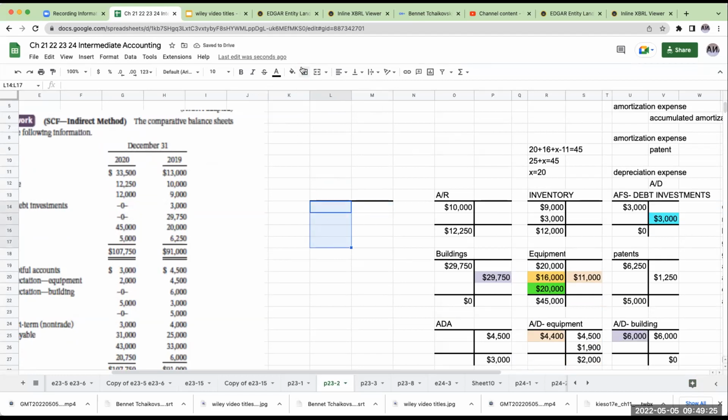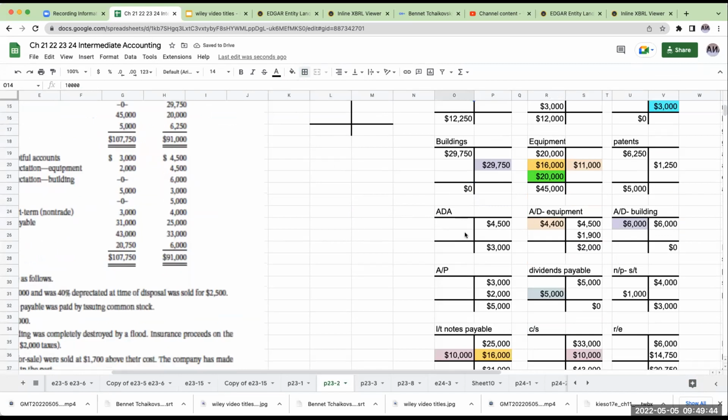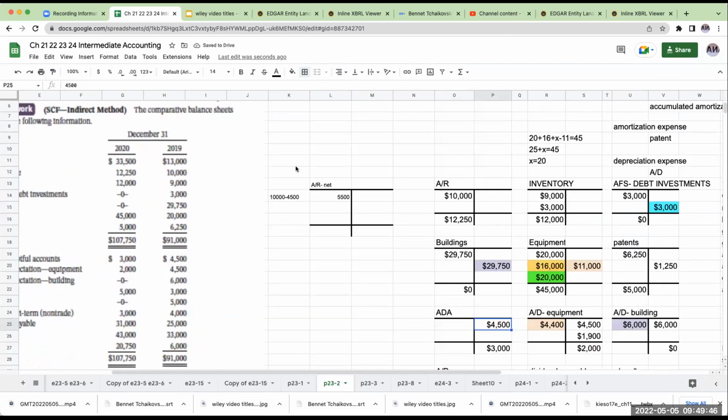Accounts receivable, net would be 10,000 minus 4,500, or 5,500. So that's the AR amount less the allowance for doubtful accounts. That's what they're doing.